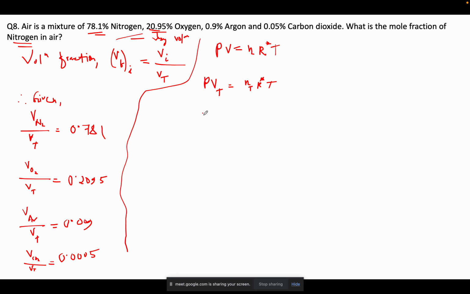And suppose we want to calculate for nitrogen, this will be number of moles of nitrogen times R* into T.